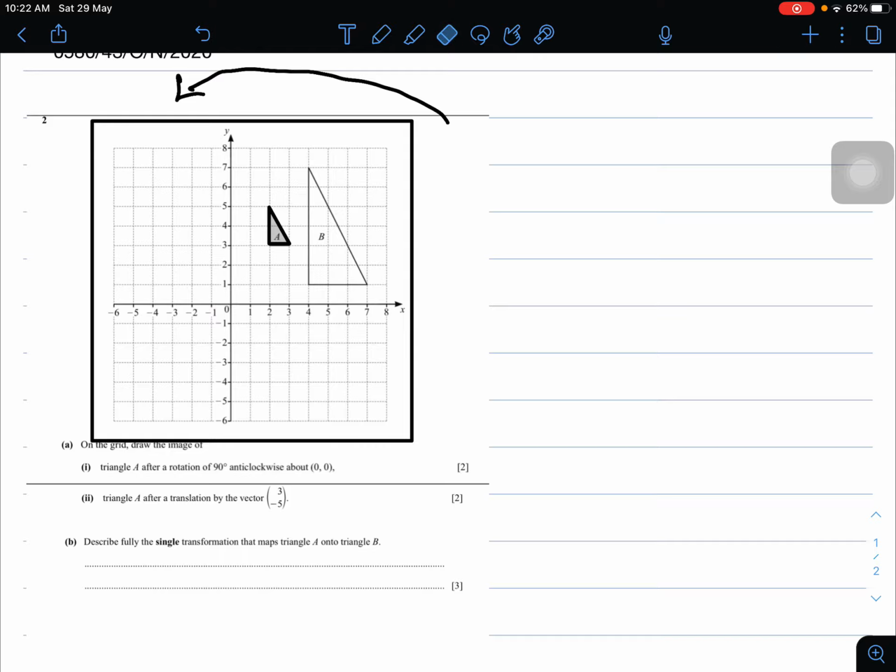Basically, before rotating, your L shape was like this, and after rotating 90 degrees anti-clockwise, it should look like this.